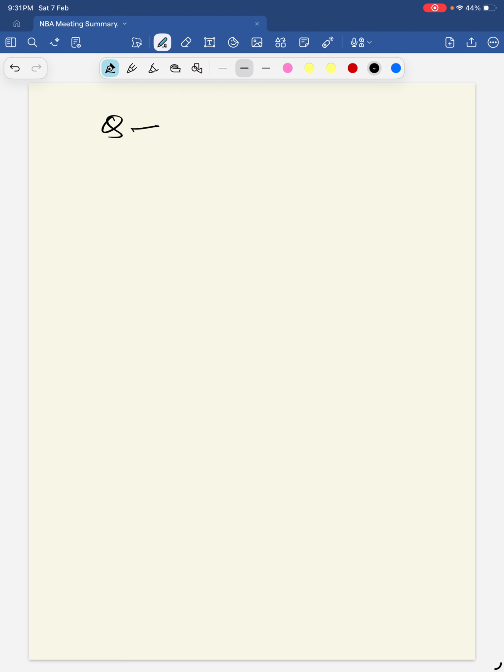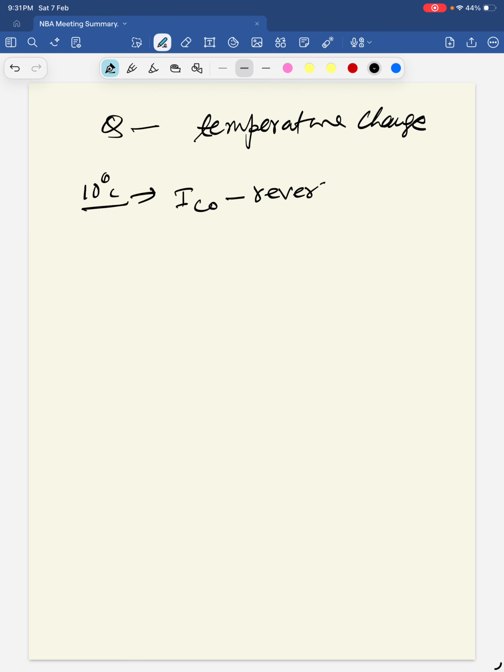So mainly the temperature change. Due to temperature change, Q point will change. How? We know that every 10 degree rise of temperature, ICO, the reverse saturation current, is doubled.